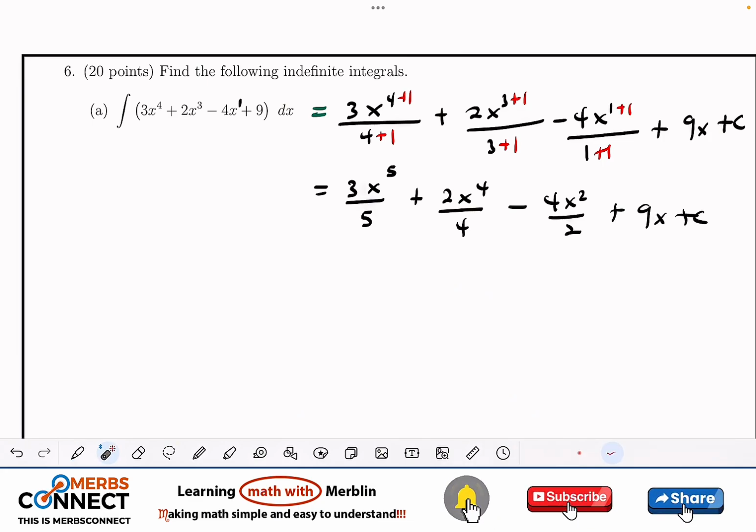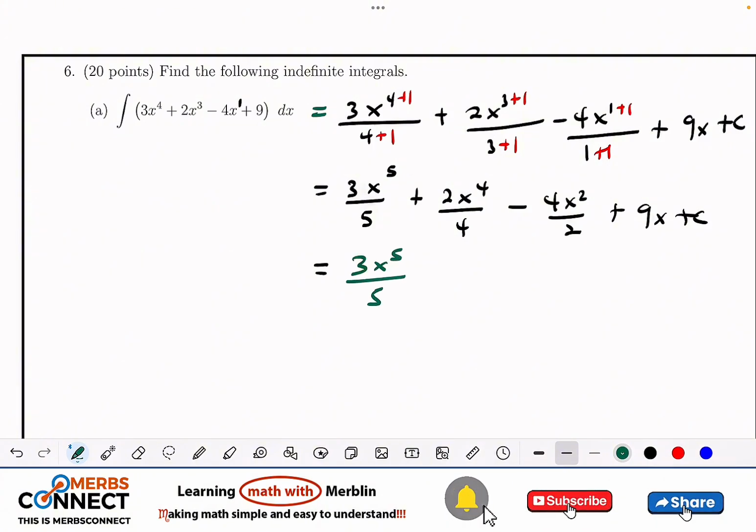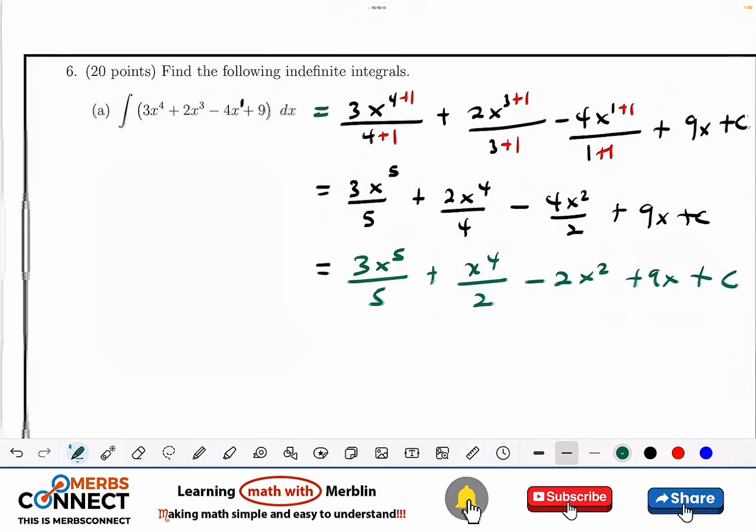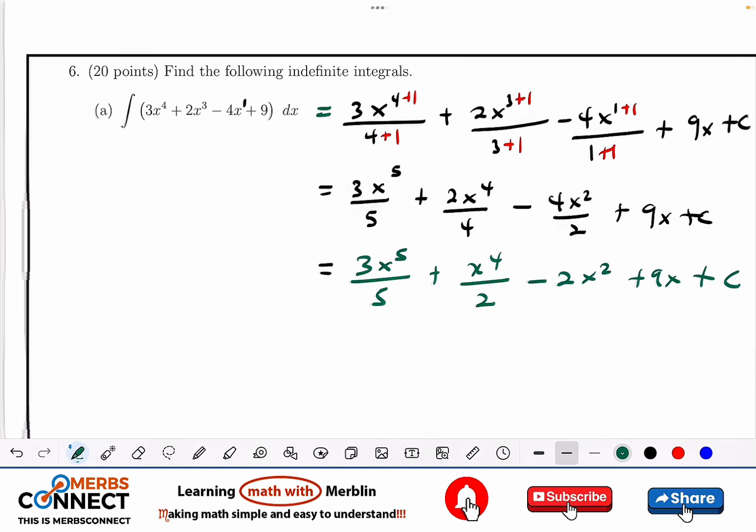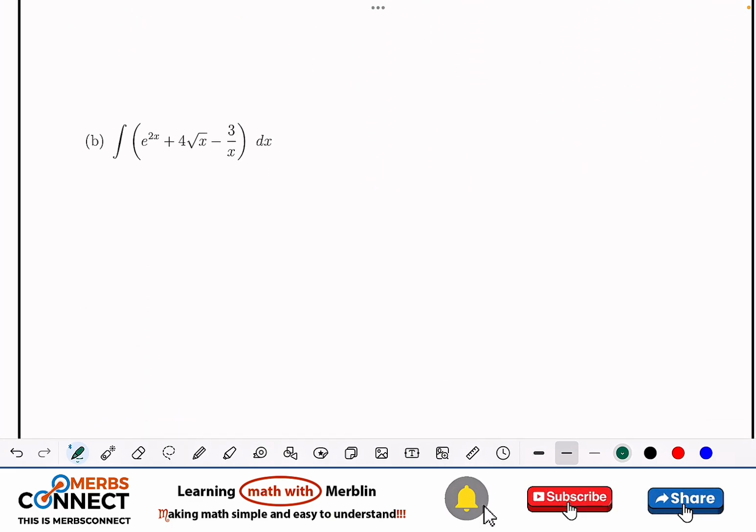So you see that after I do it, it is the same anytime you have the powers. Then for the final simplification, my final answer is 3x to the power 5 divided by 5, plus x to the power 4 divided by 2, minus 2x squared, plus 9x, plus c. C is important. You need to add plus c because this is indefinite.